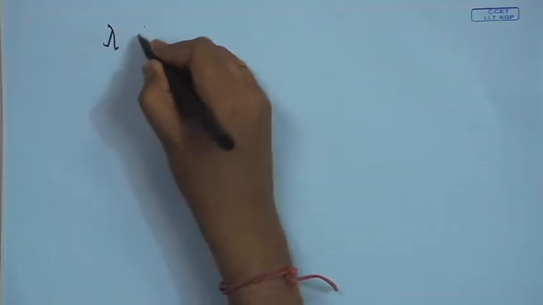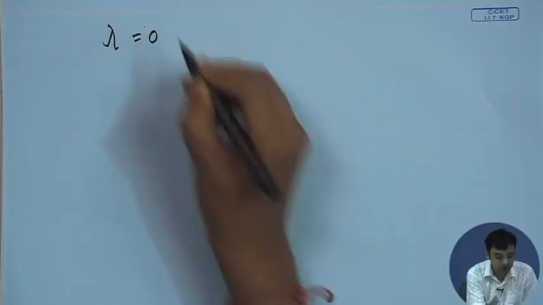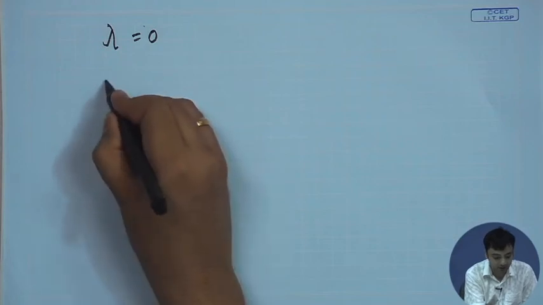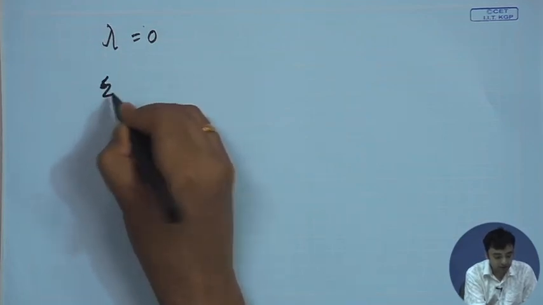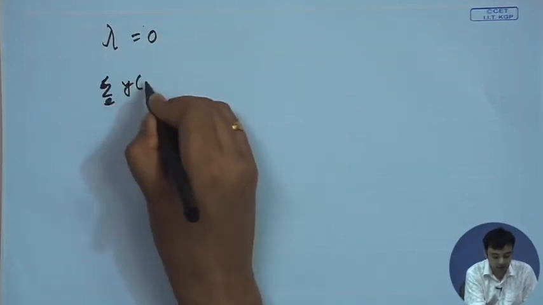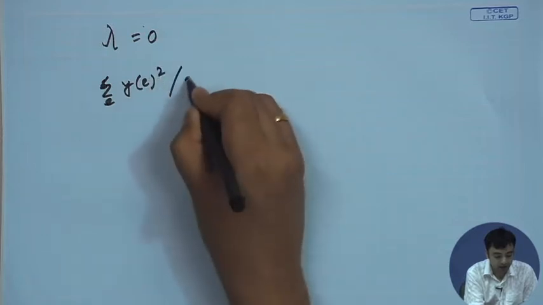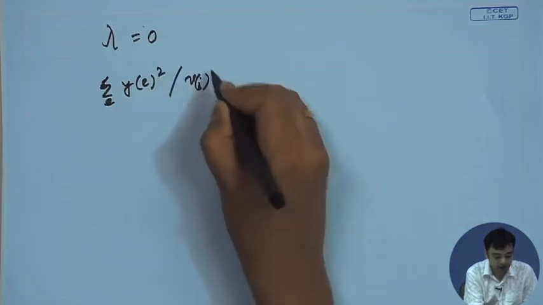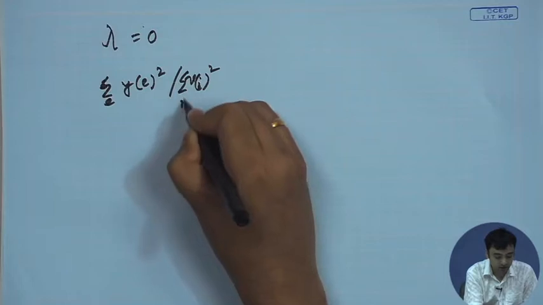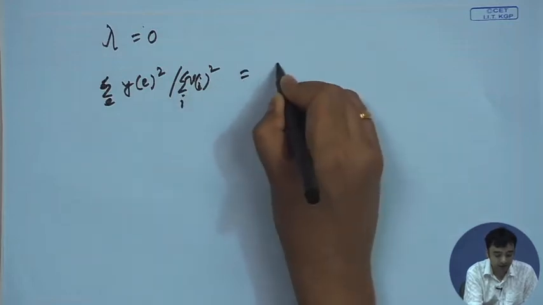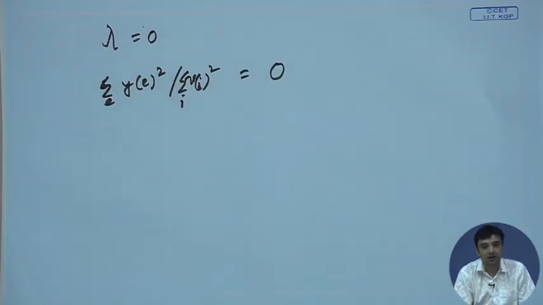In order to show property 6, we assume that lambda is equal to 0. Then we have the expression sum over all edges (Vi minus Vj) whole square divided by sum over all i of Vi whole square, and this value is equal to 0.